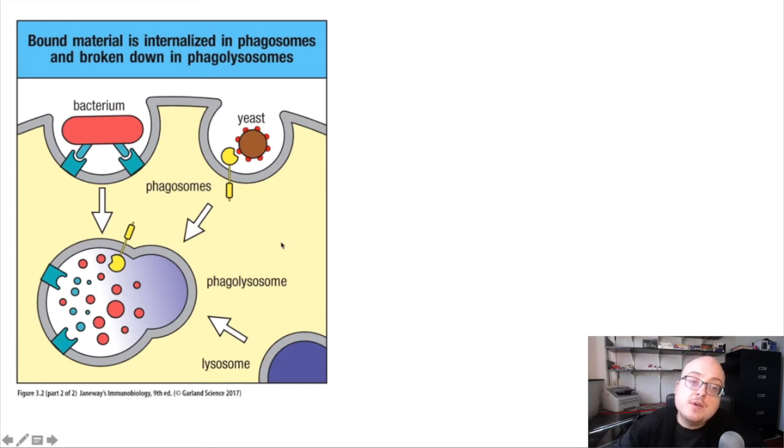So when the lysosome and the phagosome fuse, they form a new organelle that we call the phagolysosome. And all of those contents of the lysosome now have access to anything that was in the phagosome, and they degrade it appropriately. And so those bacteria or those yeast are efficiently neutralized and broken down, and are no longer of any threat.